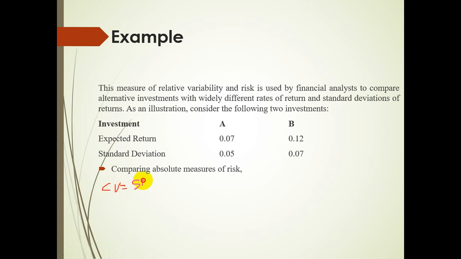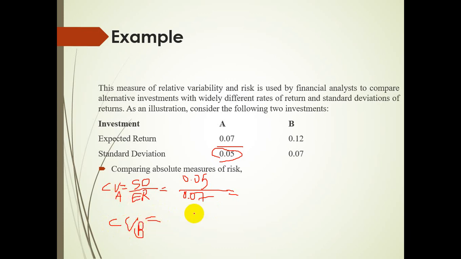Standard deviation divided by expected return, right? So what is my standard deviation for the first one? It is 0.05 divided by the expected return for the first one, 0.07. So you will get how much? The second one is CV of B project, this is CV of A project.